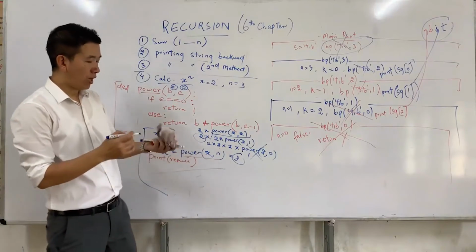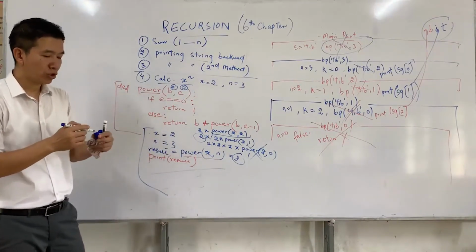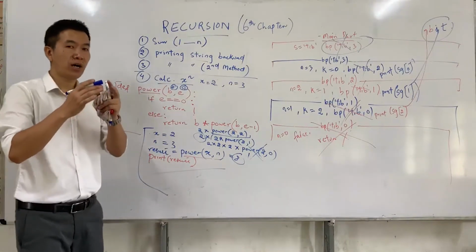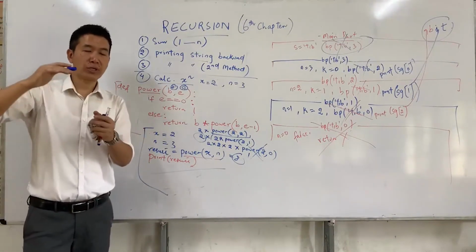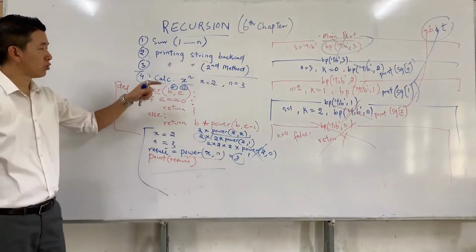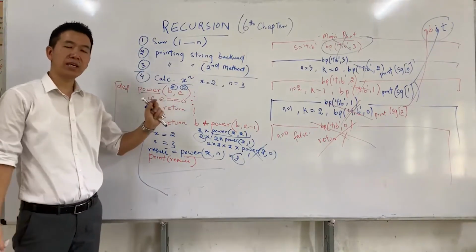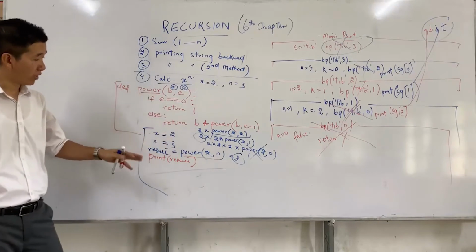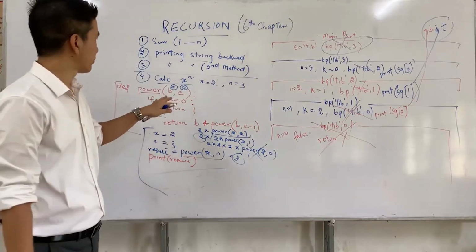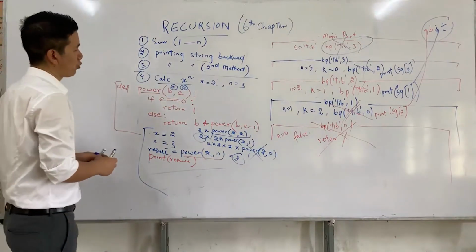So this is how you should write a program for calculation of a base raised to another number. Regardless of whatever numbers you substitute for b and e, you will always get the correct answer. Okay? So this is the fourth program.